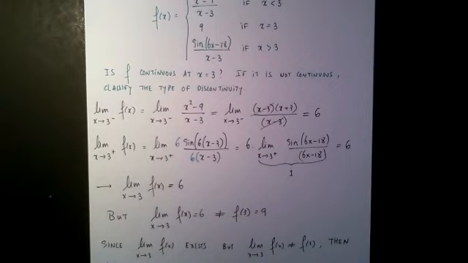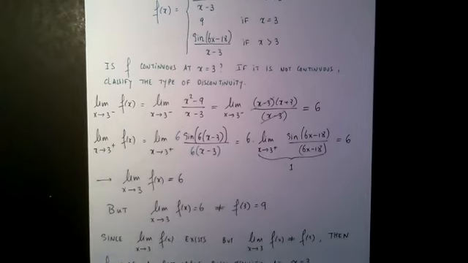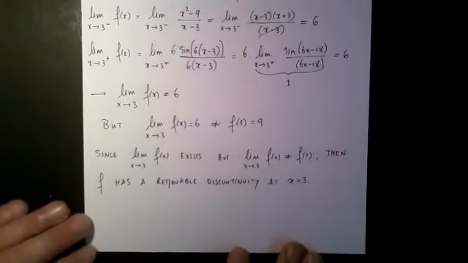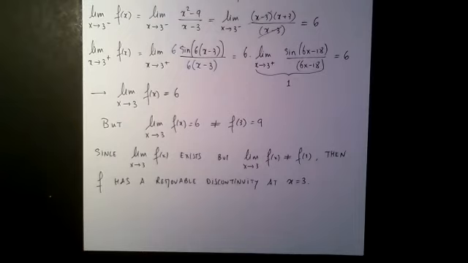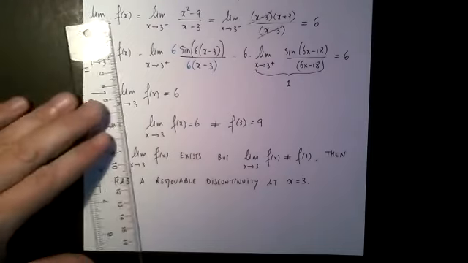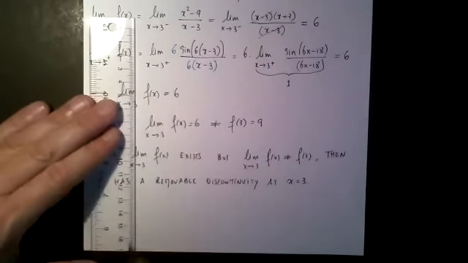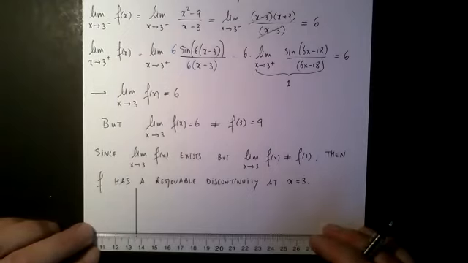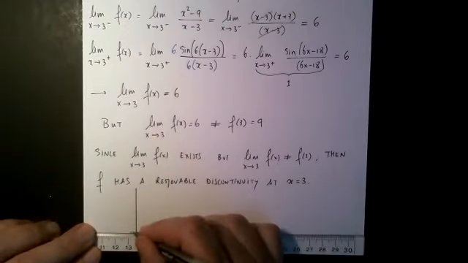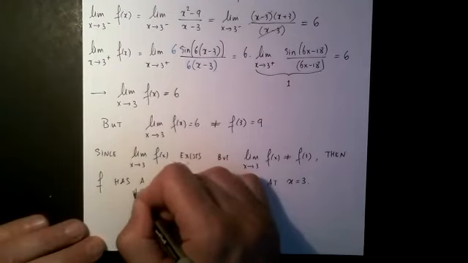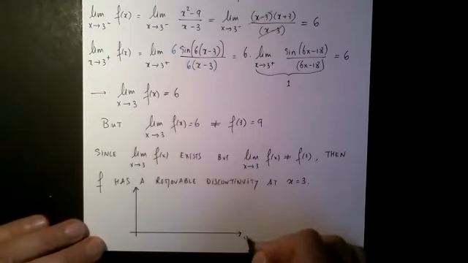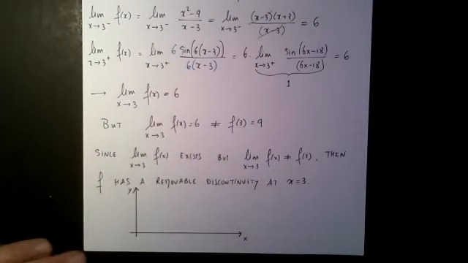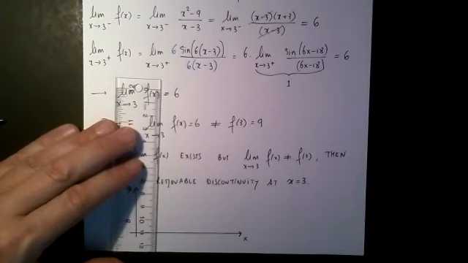Let me just have a little space in the paper, so I will try to represent the graph of this. Everything is happening at x equals 3. So let's say this is 3 here.